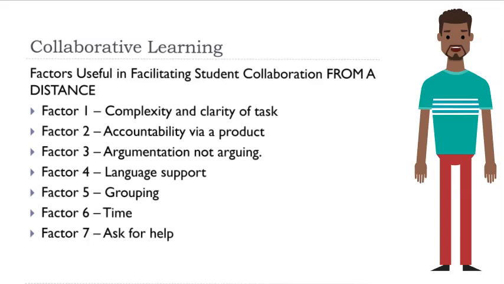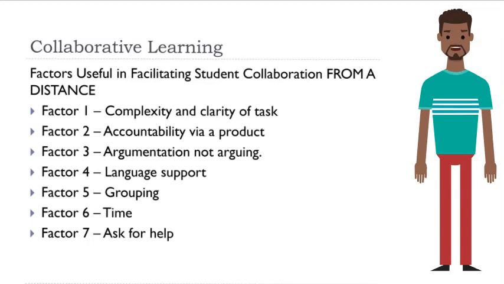So, what are the factors useful in facilitating student collaboration from a distance? Factor number 1 is complexity and clarity of task. Students understand the tasks before moving to collaborative groups. It's important to clarify the complexity of that task before splitting them into a collaborative group.